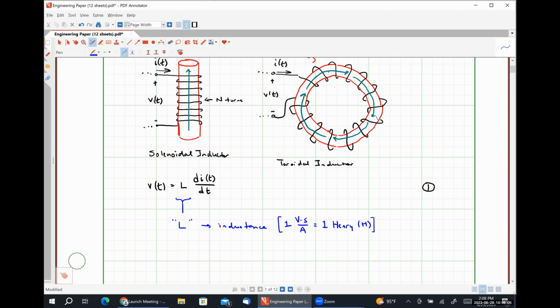So inductance is a measure of how an element responds to a changing magnetic field.